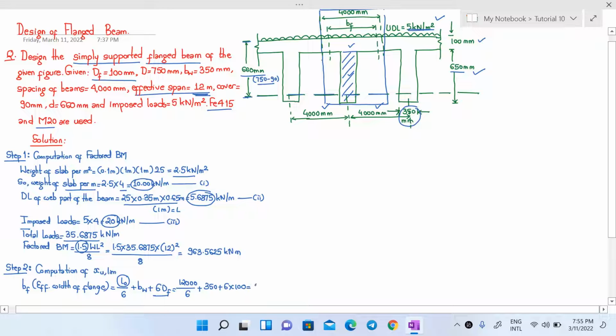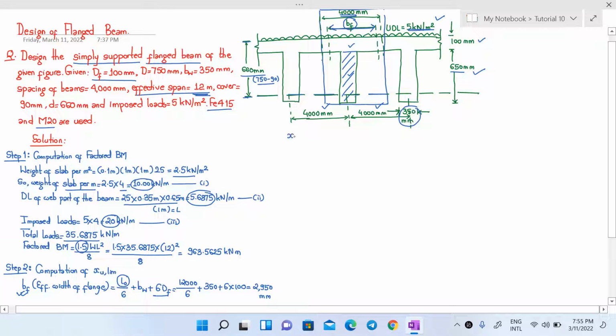This comes out to be 2950 mm. So the effective width of our flange is 2950 mm. That means this BF, which is shown in the figure, is now 2950 mm, and that is less than the center to center span 4000 mm. Now we will be using this BF in further calculations.